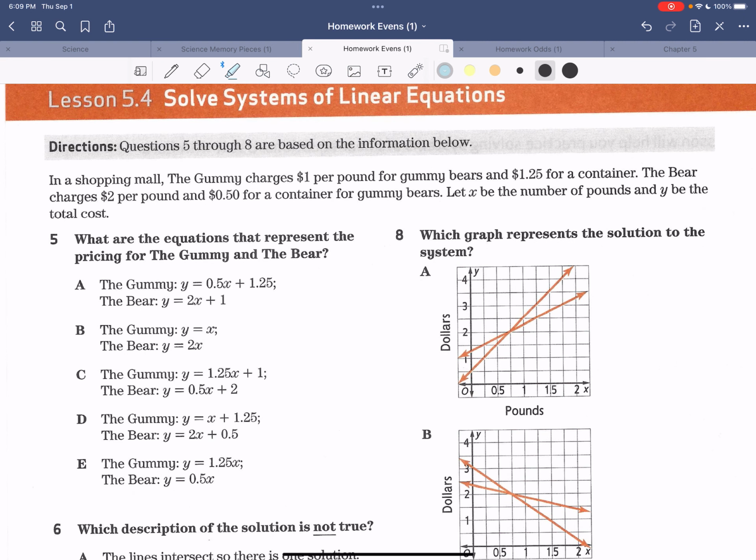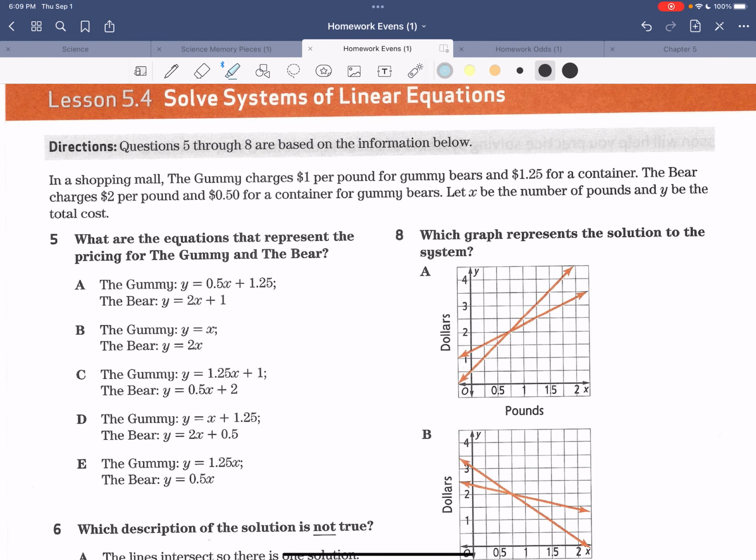Okay, so I'm looking for a function of cost to pounds. And here come the actual equations. In word form, what I'm doing is taking the slope and multiplying that by the number of pounds, and then adding the fee for the container.